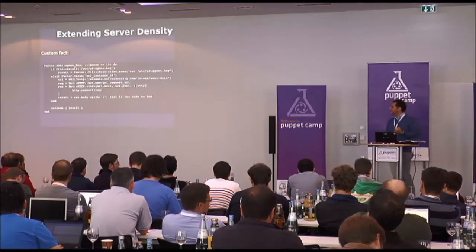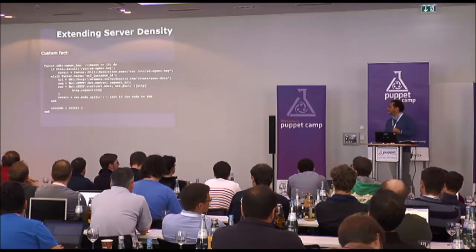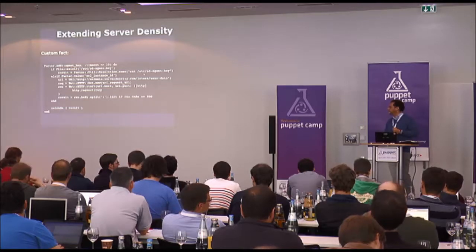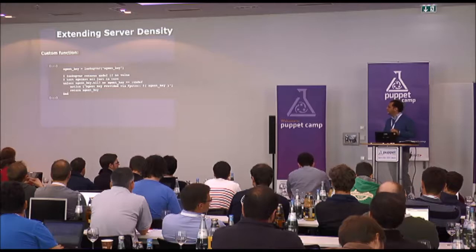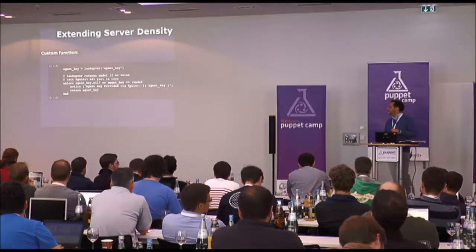This is the code for the custom fact, where, if it is a cloud instance which has the agent key automatically created, we retrieve it, and then we use the API with a custom function to return that agent key back to us, so that the devices are created.